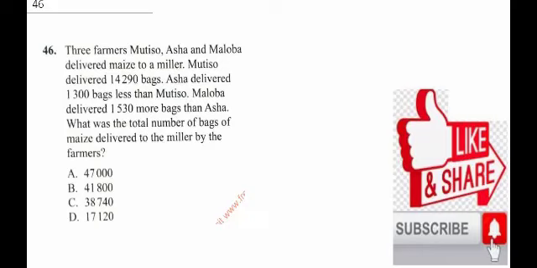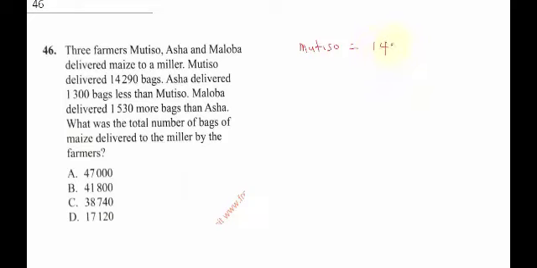Now, Mutiso delivered 14290. Asha delivered 1,300 bags less than Mutiso, so Asha did 14290 minus 1300. When you do the subtraction, you get 12990. So that's what Asha did.